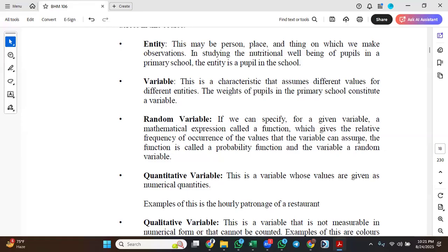So if we say the probability of picking a pupil that is 1.2, and let's say we did the observation on 100 pupils, and about 90 of them came out to be 1.2 meters in height. If we want to talk about the probability of picking 1.2 from that set of entities, we will say it's very high.